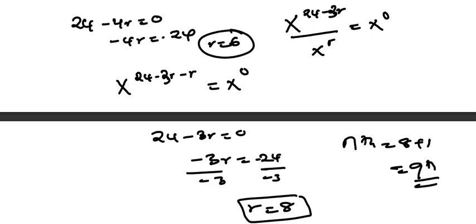So it's the 7th term. So r is 6. So we have this. That's a 6 plus 1, meaning this is the 7th term.